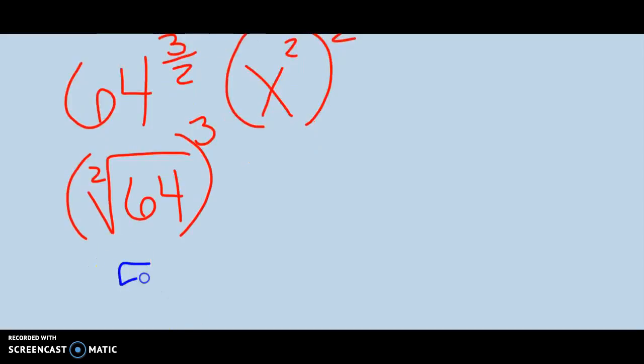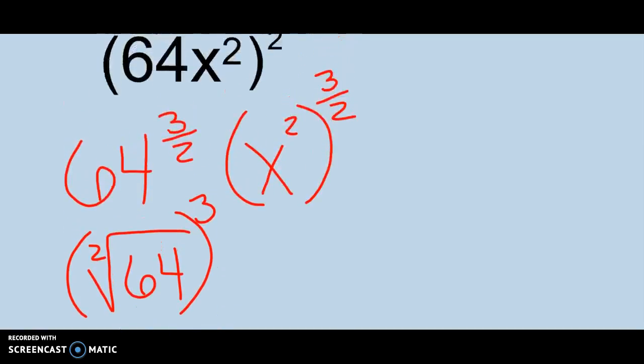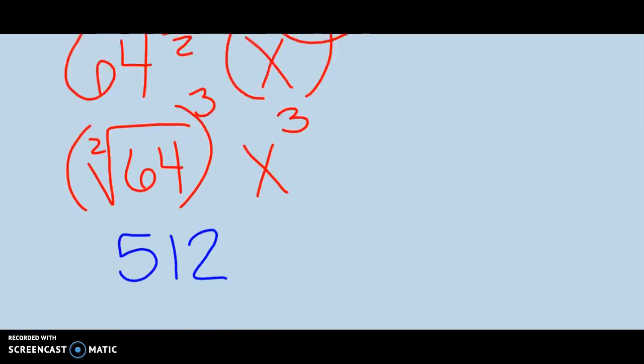So 512 is going to be our number. Let's go back up here and see what we get with this. Now, here's our rule. We have to multiply these two together. So 2 times 3/2, that's just going to give us x to the 3rd power. Not much we can do with that, so it just stays the same, x to the 3rd power.